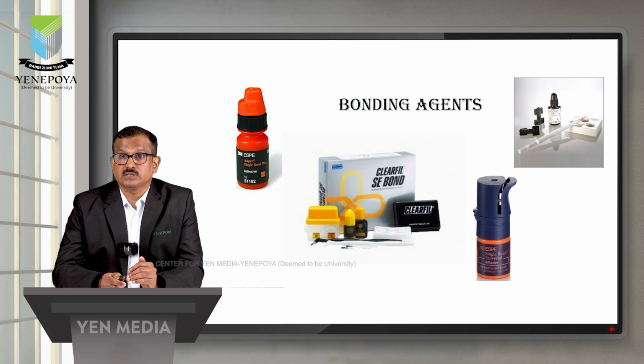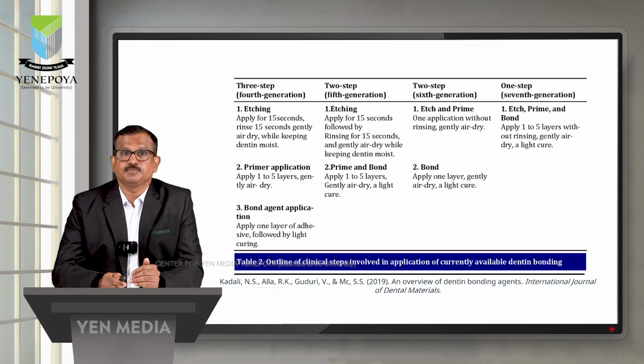That would be the best choice. And if you have applied some kind of liner, then you might require selective etching, because that liner material might require a little etching so that it will bond well. So it is all based on the clinical scenario that you finally have to select, but to understand the basics, this is how it is.